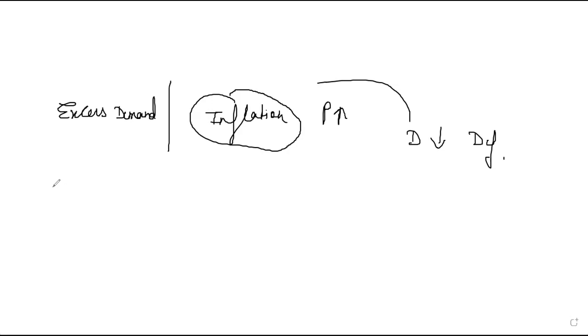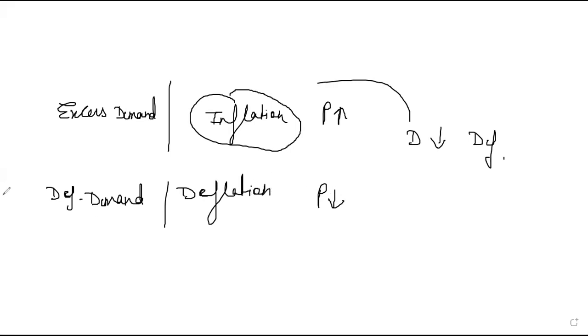Similarly, when there is deficit demand, nobody is demanding. So what will you do at that time? You will bring deflation. Why? Because now you need to decrease the prices because nobody is demanding. In order to correct that, you need to lower the prices. And when you do this, your demand automatically starts increasing.